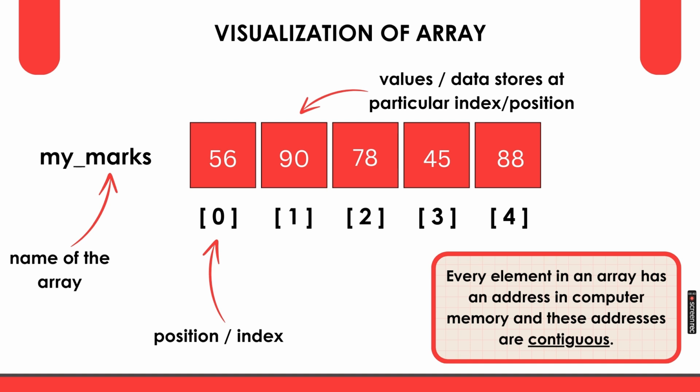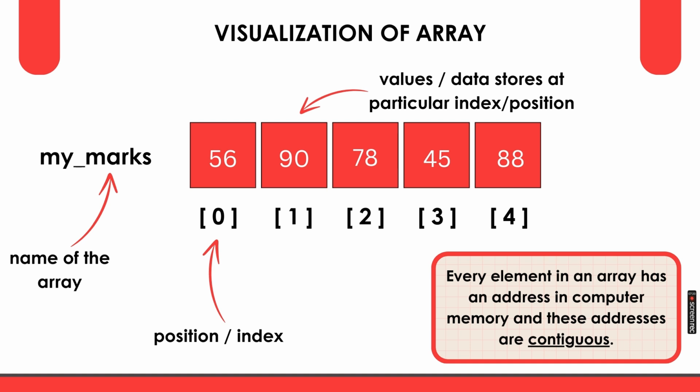These boxes have numbers assigned to them, and the first number starts with 0. These are called indexes, the position of that element inside the array. The first is 0, then 1, 2, 3, and 4. So for 5 elements, the last position will be 4 because you are starting with 0.